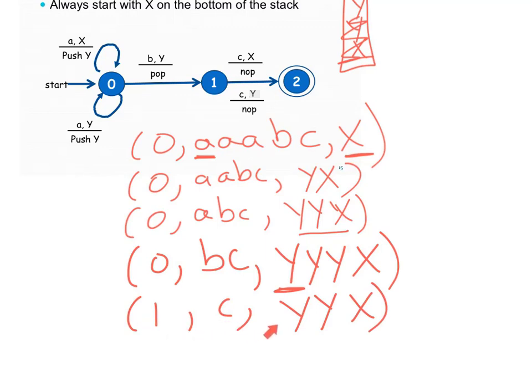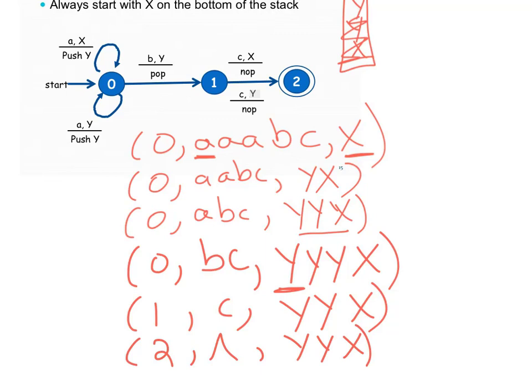I see the letter C and I have a Y at the top of my stack. And fortunately, now this arrow, I have 2 transitions, right? And this one lets me say C, Y at the top of the stack, do a no-op and get to 2. So I'm going to write down that I am now at state 2. I've used up all the letters in my string. That means I'm almost ready to quit. And I did a no-op, so I go YYX.